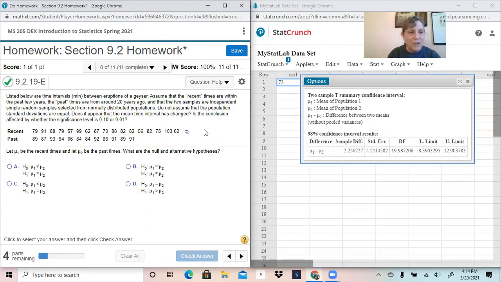Do not assume the population standard deviations are equal. Does it appear that the mean time interval has changed? Now, this doesn't indicate whether they're looking for increased or decreased, just changed. So this is going to be a two-tailed test where we're saying the two means are equal or they're just not equal.